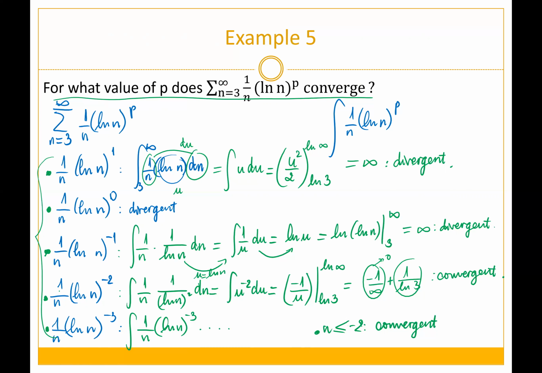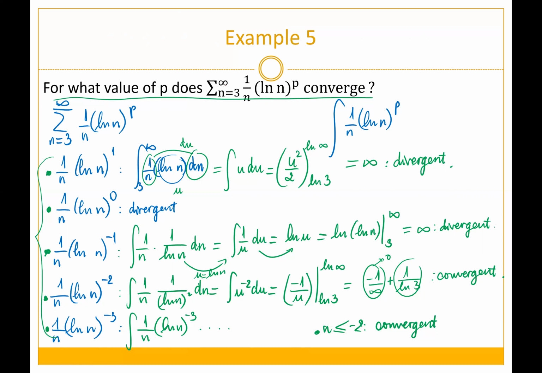Say you're given the series of 1 over n, multiplied by ln of n to the -2. You already did it in the example, right? So it saves you time. I always say my examples are always harder than the exam, but if you understand what I'm actually saying, then you're in pretty good shape.